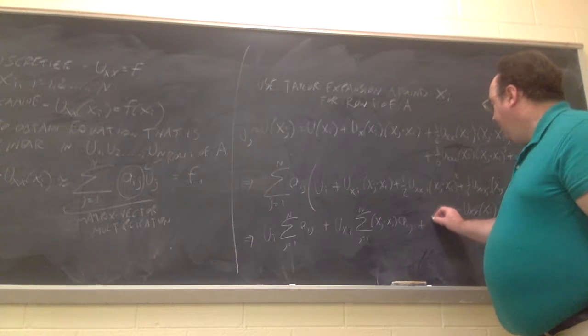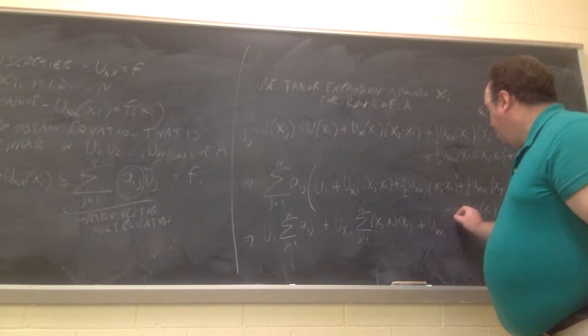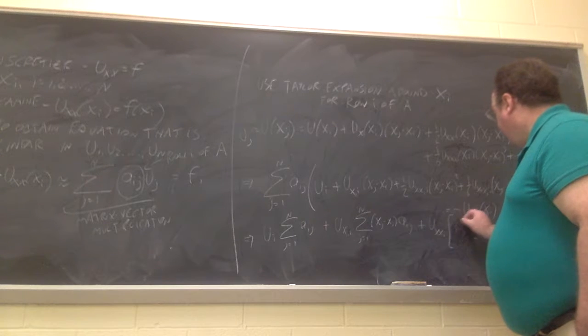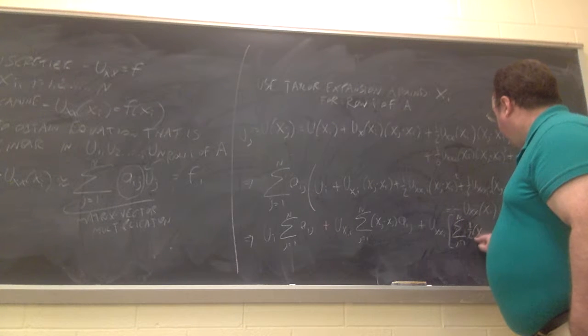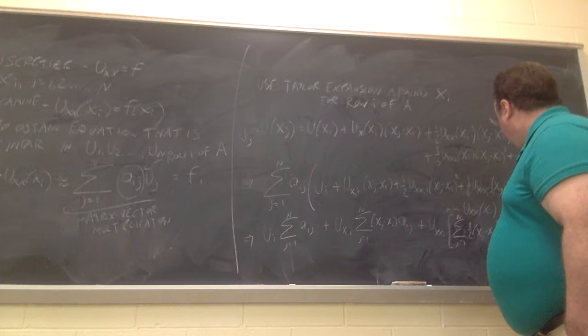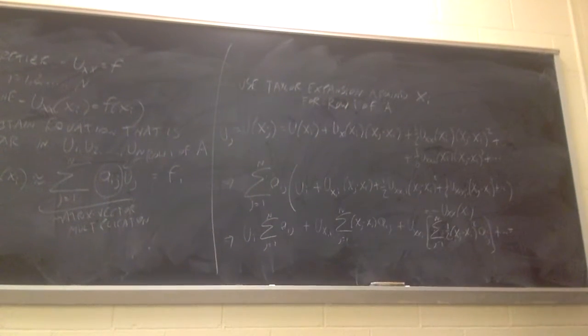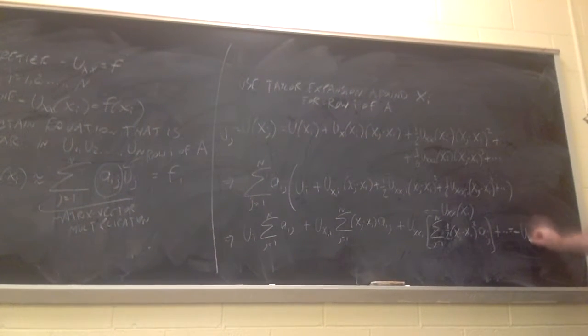And then uxxi times, actually, I'll leave a 1/2 in the sum, so the sum of 1/2 xj minus xi squared aij. I know I had this term in here, but I'm just going to dot it. And that has to equal minus uxx at xi.